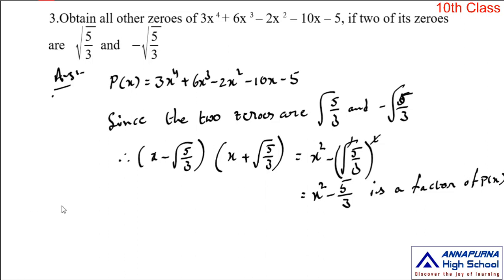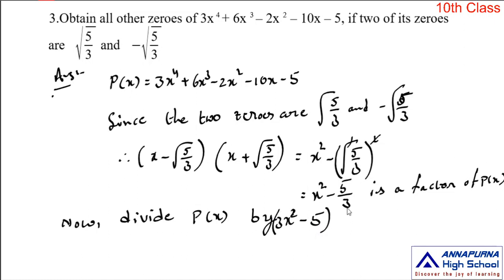Now divide the given polynomial p of x by 3x square minus 5. Actually we divide that polynomial by x square minus 5 by 3, but in that x square minus 5 by 3 one term is in the form of p by q.